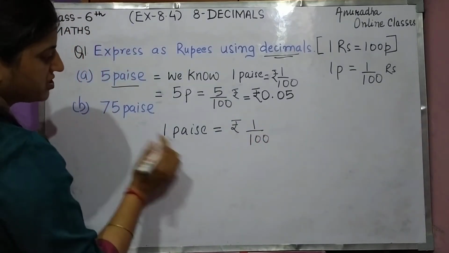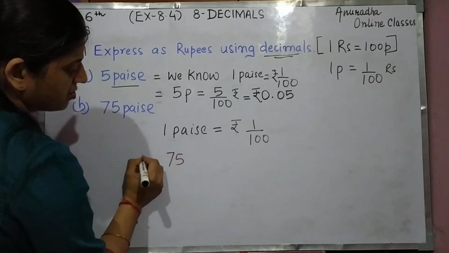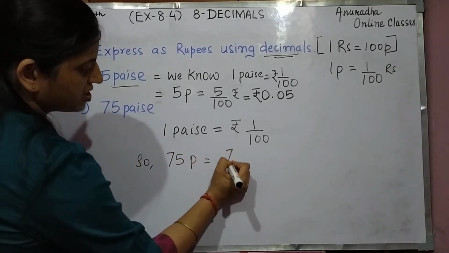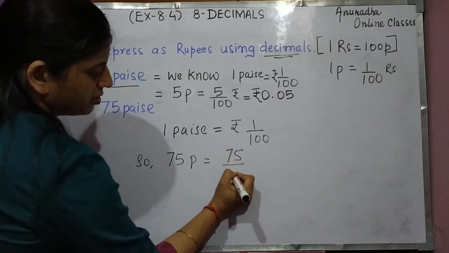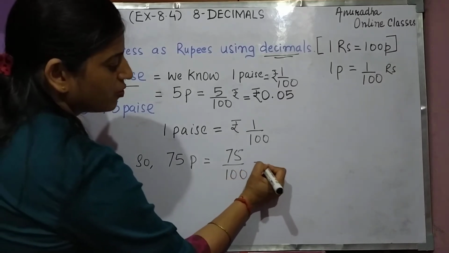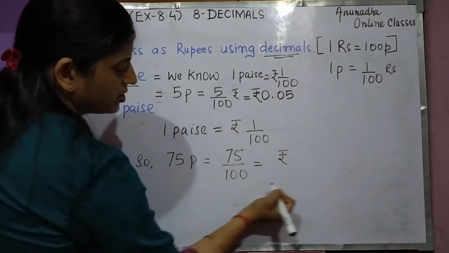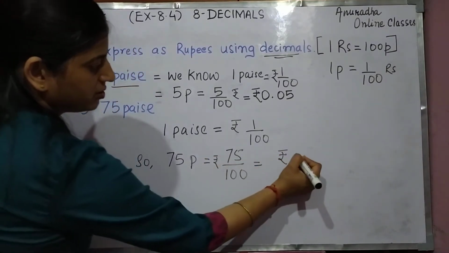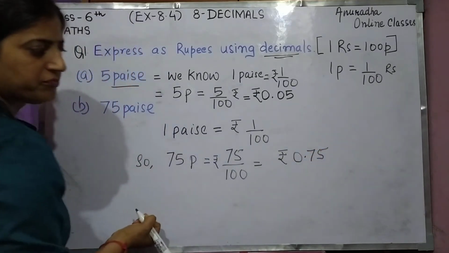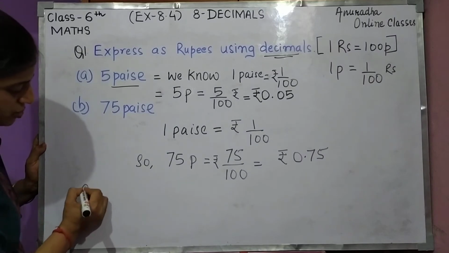Okay, so 75 paisa is equal to what? 75 upon 100. Means what? 75 hundredth. That means when we change it into decimal, ये rupees में हमने convert कर दिया, so this is 0.75. Clear?